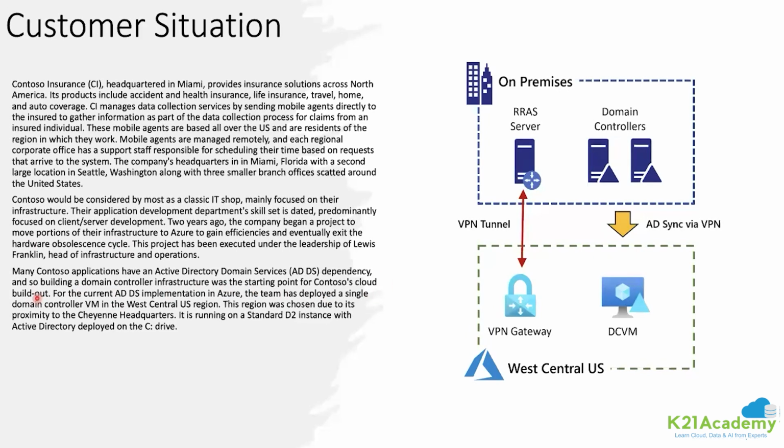So initially they started with building the domain controller, because that is one of the primary requirements for most enterprises. They want to set up that activity first, and then go ahead with their primary objectives the way it is expected.